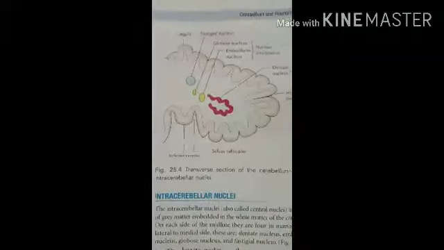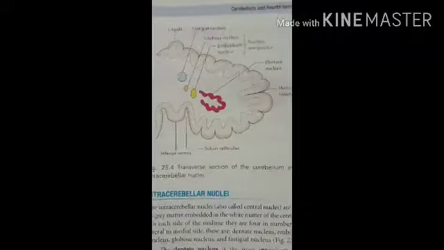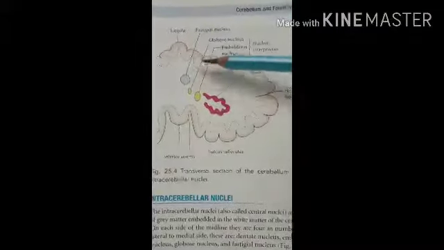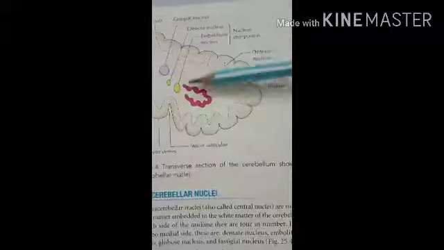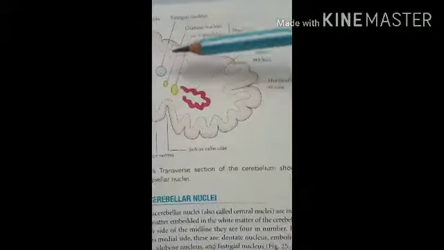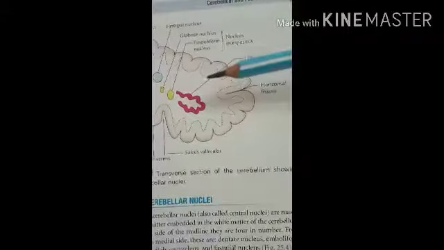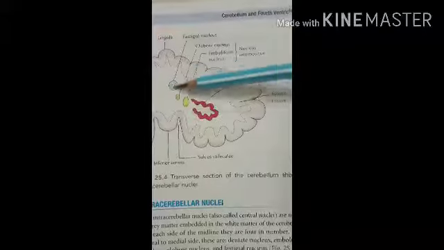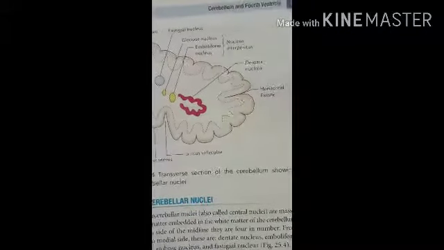But in the cerebellum and the cerebrum, the gray matter is peripheral and the white matter is central. Within the white matter, the central core, the intracerebellar nuclei are present. Here you can see the different nuclei.